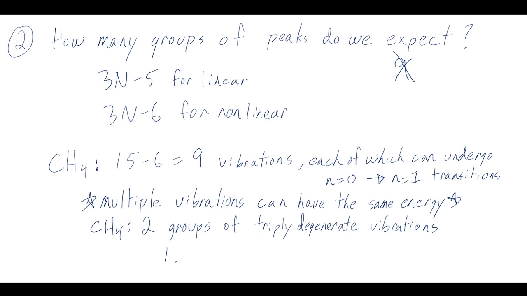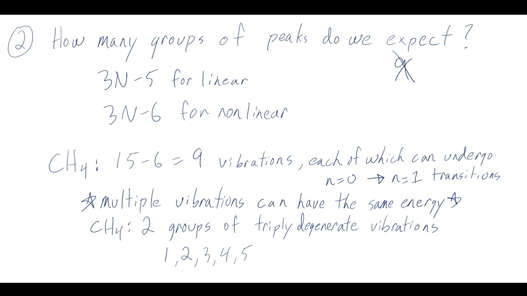We have vibrations 7, 8, and 9, which all have the same vibration energy. And then we have vibrations 3, 4, and 5, which aren't degenerate. So already we've reduced the number of peaks from 9 to 5, right? Because 4 of those are going to be equally represented in 2 peaks. Okay, so that's the 2 groups of degenerate vibrations.